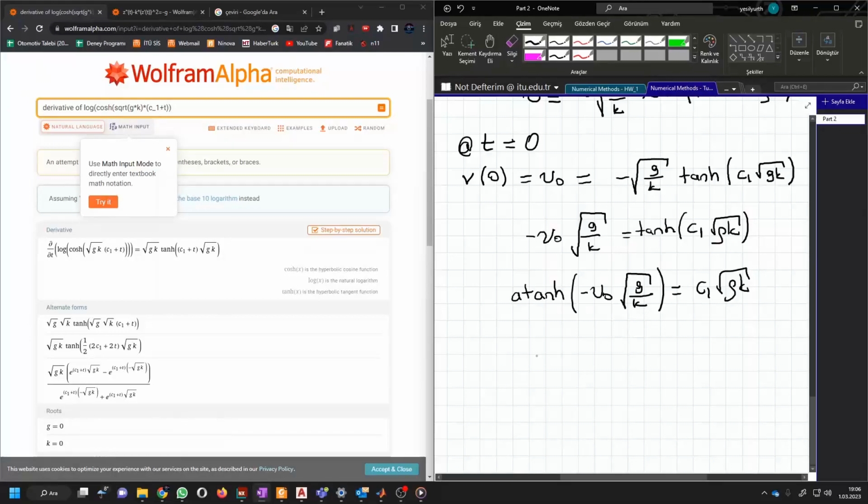So my C1 will be equal to 1 over square root of g times k times arctangent hyperbolic of minus v0 times square root of k over g.